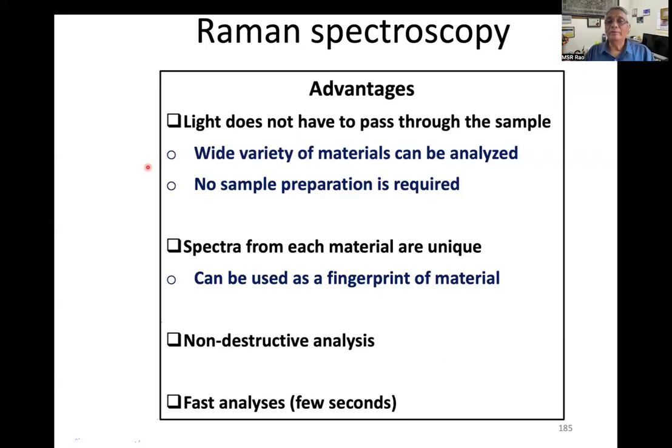In a similar way, you have all the recorded fingerprint patterns of materials available in the handbooks and in the archives, and you just have to compare and see whether the Raman spectrum recorded on the material that you have prepared matches the fingerprint of the material or not. It's a completely non-destructive process. The sample is not destroyed, and the analysis also happens quite fast.